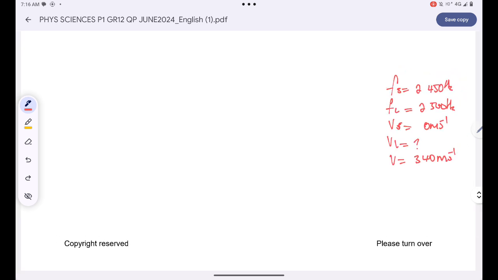Now, the Doppler effect equation simply says fL is equal to (v plus or minus vL) over (v plus or minus vS), times the frequency of the source. The first thing I've noticed is that my source is stationary. So that means at the denominator I'll have v plus or minus 0.